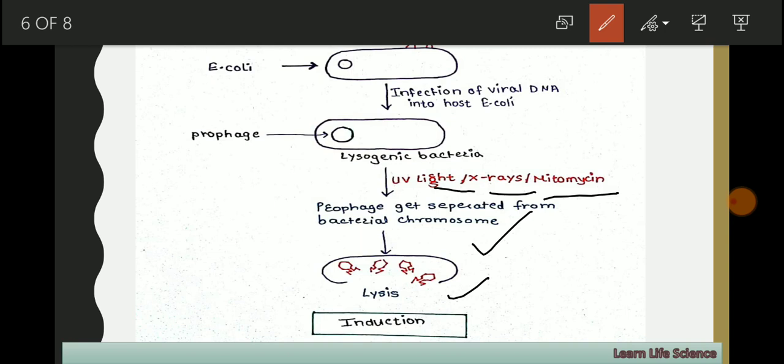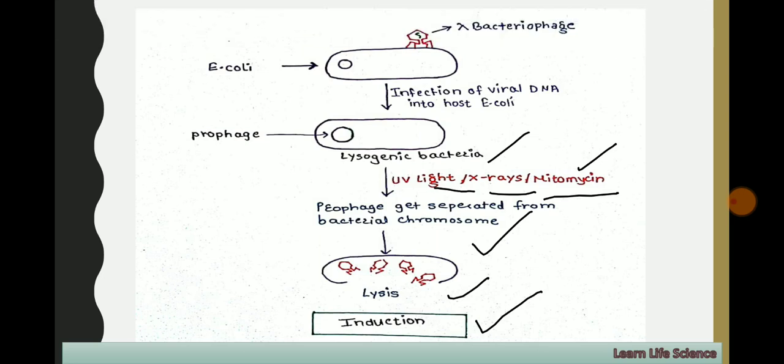So we are inducing the lysogenic bacteria to switch to the lytic pathway in the presence of chemicals or radiations. This is the general pathway regarding induction in lambda bacteriophage.